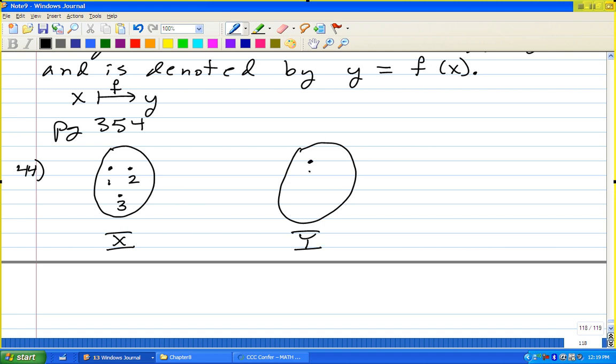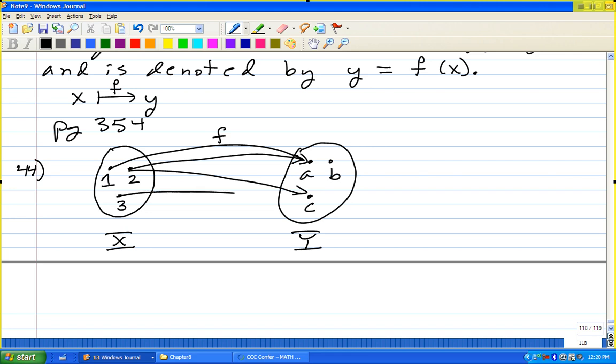And it's A, B, and C. And so 1 goes to A. That's F. 2 goes to A, C. 3 goes to C. Okay, so now the question is, well, is this a function? And the answer is no, this is not a function.